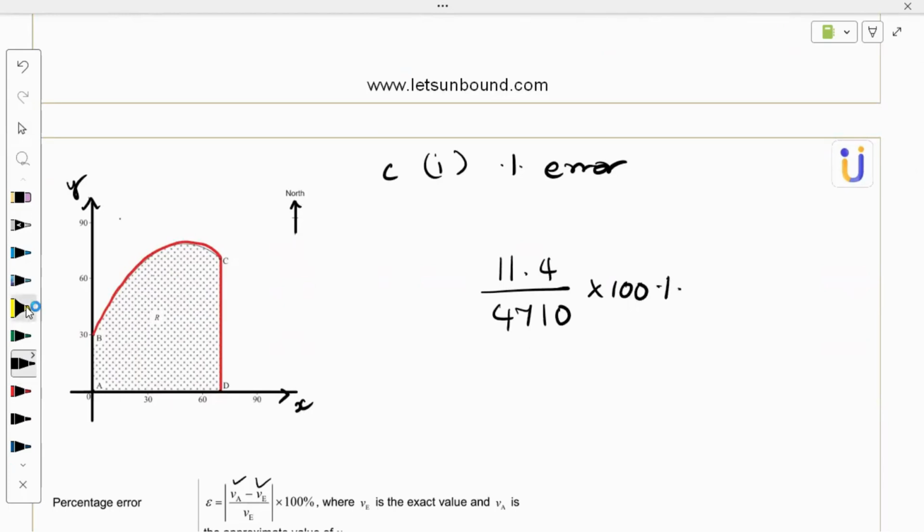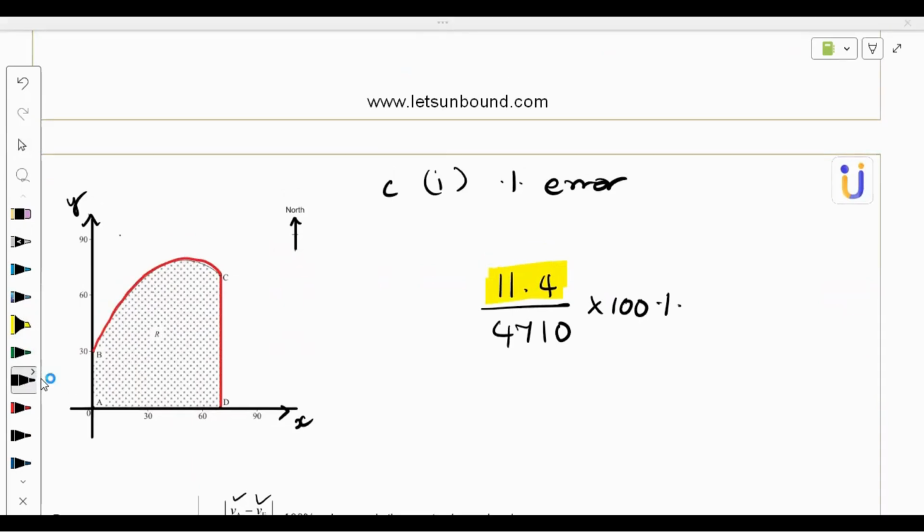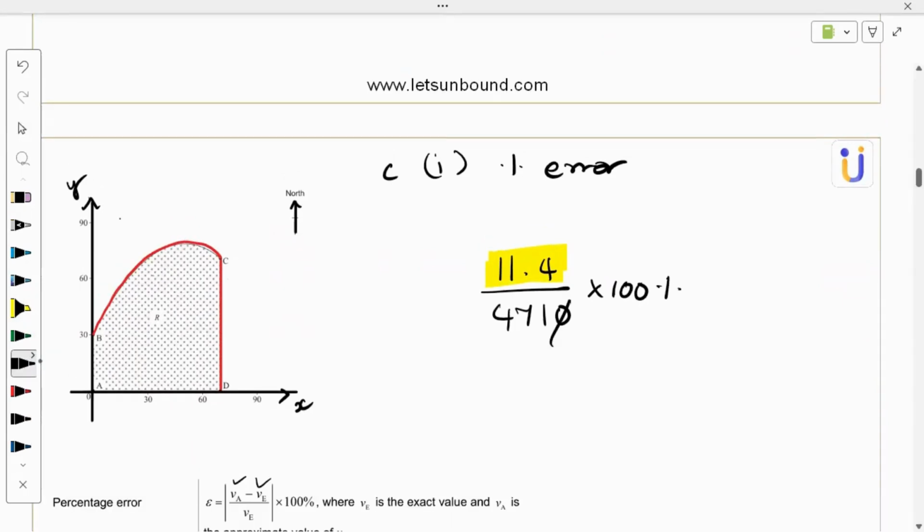So here we should be careful, or we will spend more time here. Okay, what is 11.4? Is it 4710 minus 11.4? No. So that underestimation cannot be that much. They have given actually the difference in the values. And just simplify this using calculator. Let's cancel the 0, and this 10 will get multiplied, 114 by 471. That's a simple calculation.